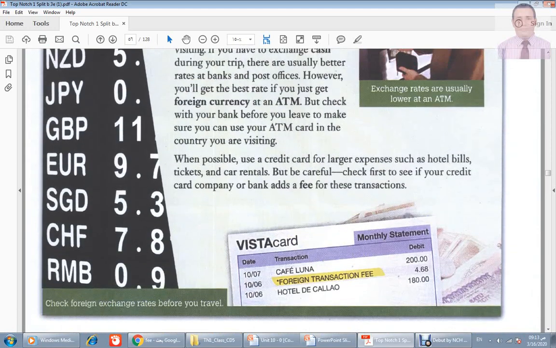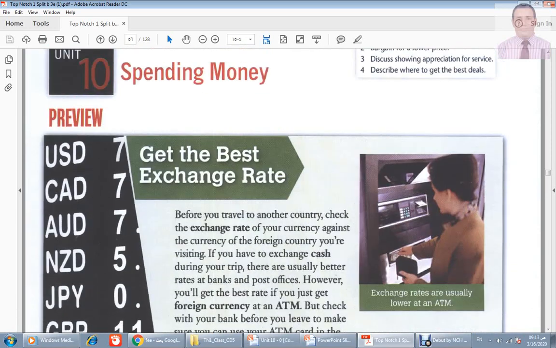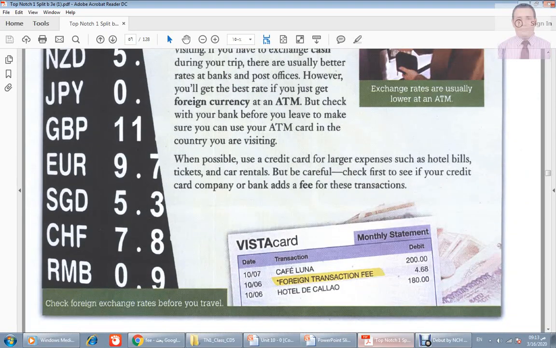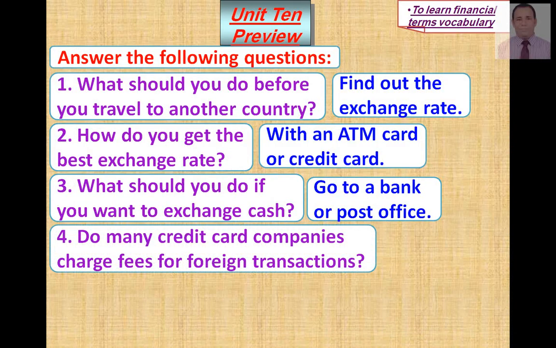So this is the question we have about this passage. We have number 4 also. Do many credit card companies charge fees for foreign transactions? The question starts with do, so I answer using yes or no. Do many credit card companies charge fees, and we said fees means extra money, for foreign transactions?